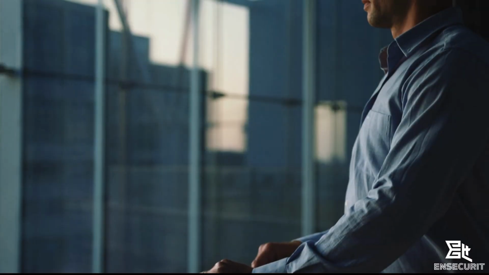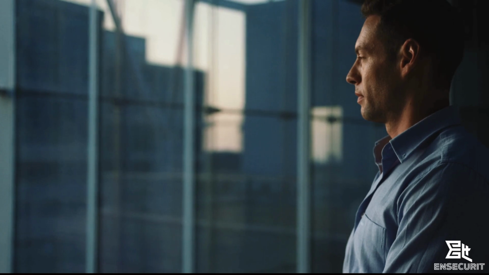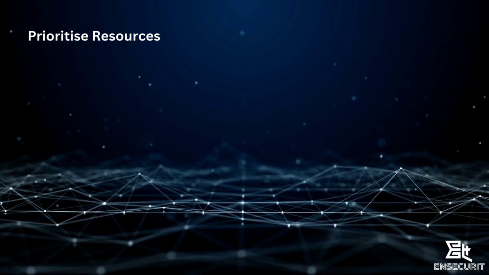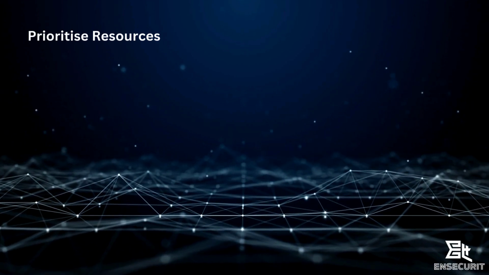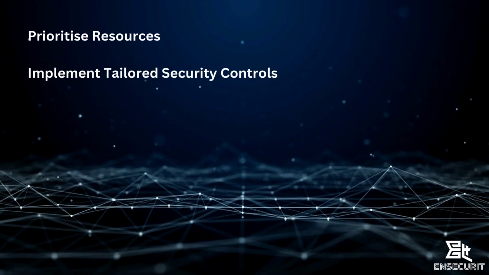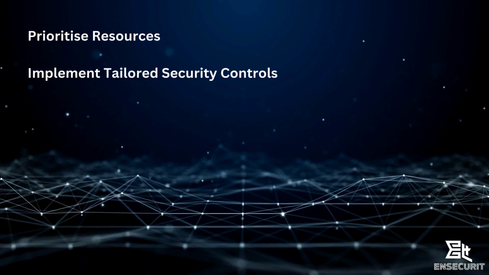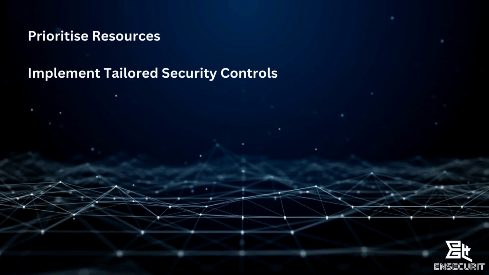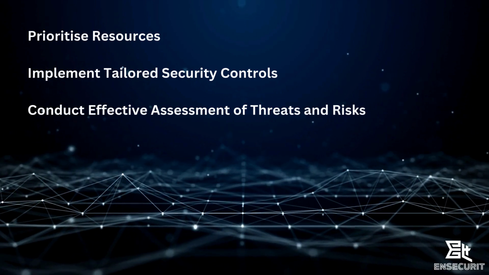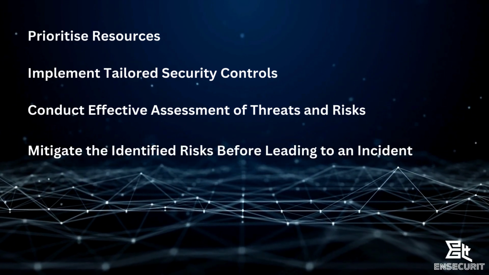By having a clear understanding of the organization's assets and their corresponding confidentiality levels, the security team can prioritize resources and focus on protecting the most critical assets, implement tailored security controls which align with the specific confidentiality requirements of each data type, assess potential threats and vulnerabilities associated with different types of data, and mitigate risks before they lead to security incidents.